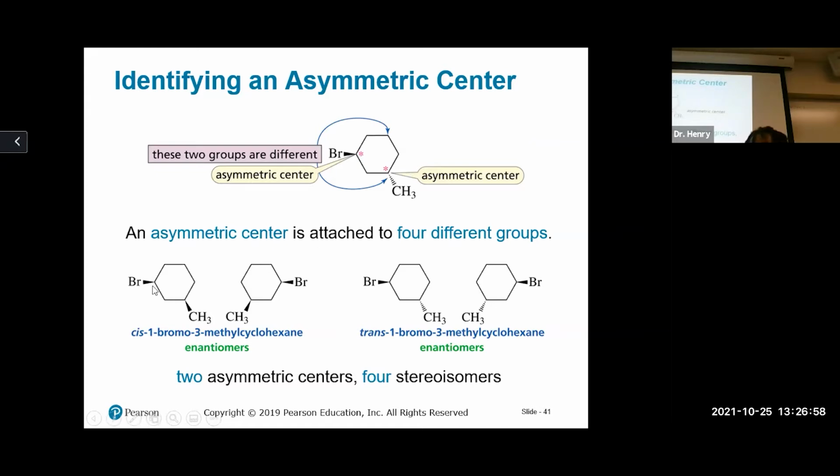And then the 4 groups, so in this case, we have this guy, that's one side, here's 2, here's 3, right? So we have to use this whole array to distinguish between the two. And so we can see clearly how these are different from each other, because one, again, is cis and one is trans, right? But we can also see how the enantiomers are different from each other because they don't sit right on top of each other. They're not superimposable.